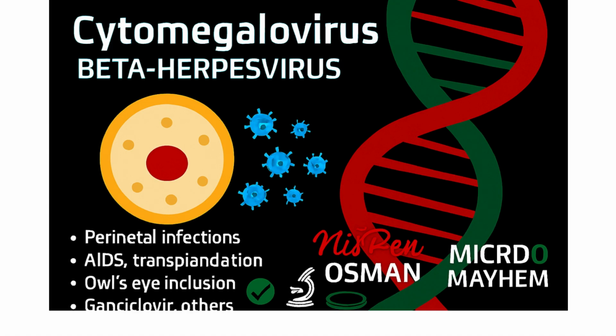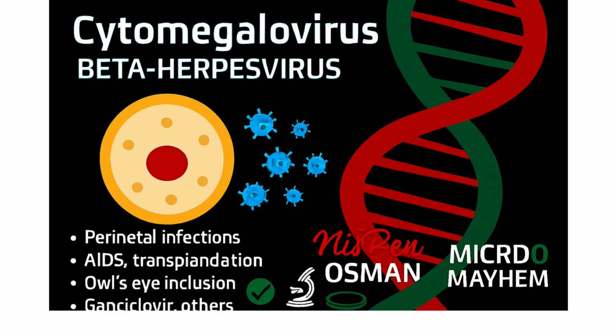In healthy people, cytomegalovirus often causes no symptoms or a mild flu-like illness, but in immunocompromised individuals like transplant recipients or people with HIV, it can cause retinitis, pneumonia, hepatitis, and gastrointestinal disease. Diagnosis is by PCR testing, cytomegalovirus antigenemia assay, and serology, like for IgM and IgG antibodies.